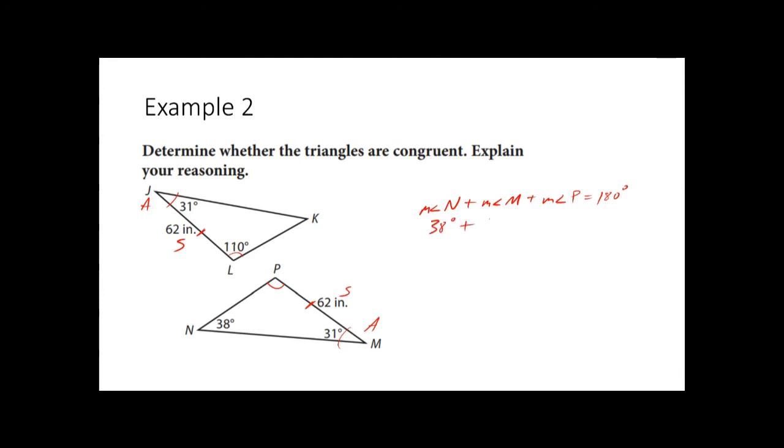The measurement for M is 31. And we're looking for P. They're supposed to add up to 180, so combine like terms. We got 69 degrees plus whatever P is. We don't know yet, but we're almost there. Subtraction property. Very nice. And we got the measurement of P equaling 111 degrees.